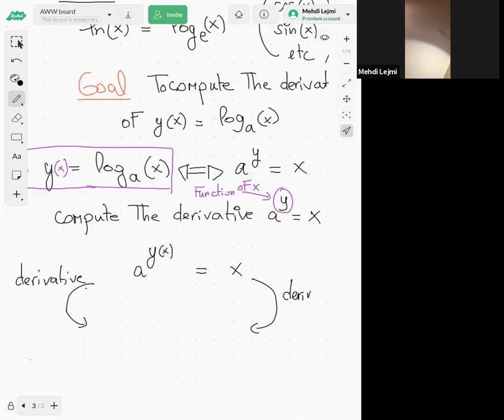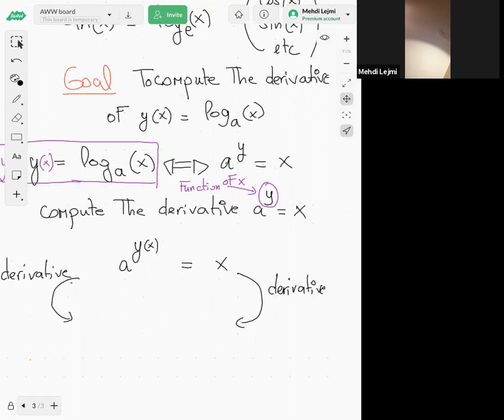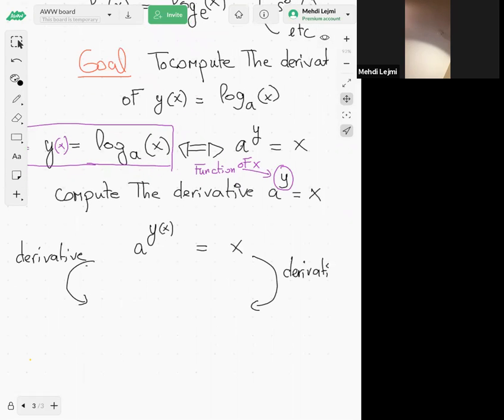So how do we compute the derivative of the left side? The left side is like an exponential, exponential on base a of the function y of x.